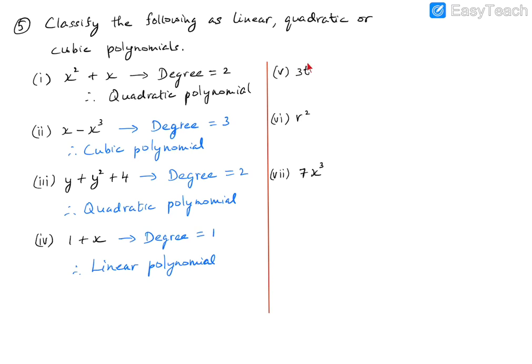How about the fifth one, 3t? Again, this is a polynomial in the variable t, and the highest power for the variable is 1. It is t power 1. So that corresponds to the degree being 1. So degree equals 1, and therefore it is also a linear polynomial.